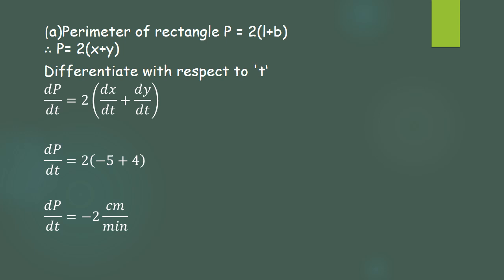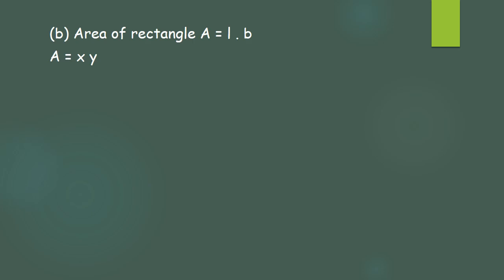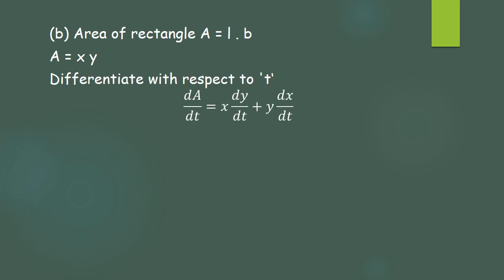Now the second part, find the change in the area. We know that the area of the rectangle A is L into B. So A will be equal to x into y. Now we'll differentiate with respect to t. We get dA by dt will be, by using the product rule, x dy by dt plus y dx by dt.